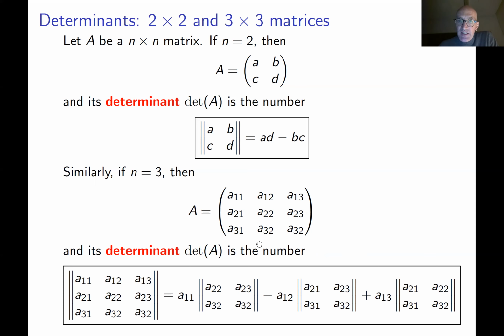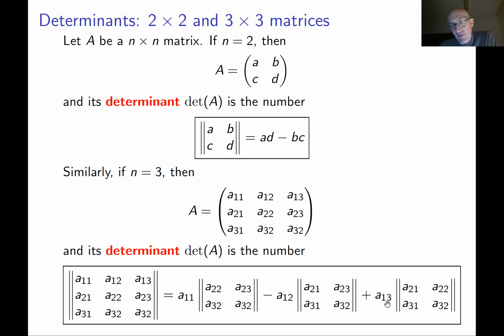Yeah, you get this matrix and we put this determinant. Similarly, the second term in the sum is a12 times the determinant of the matrix obtained from A by removing the second column and the first row, and then multiply by minus 1.